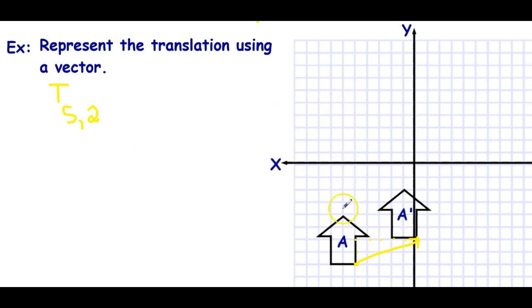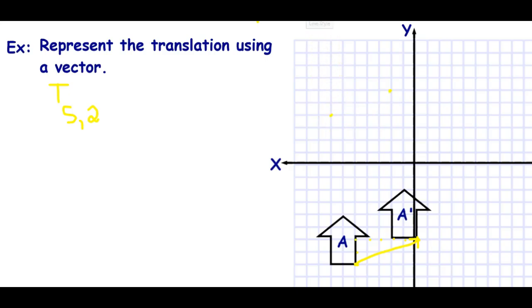We can write the vector connecting two vertices, or we could write the vector anywhere on the graph. We know it went up 2 and to the right 5. We could draw the vector here. We could start here, go up 2 and to the right 5. 1, 2, 3, 4, 5. And we could connect the points.